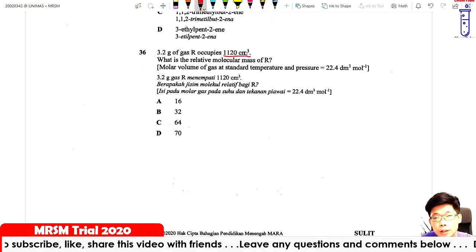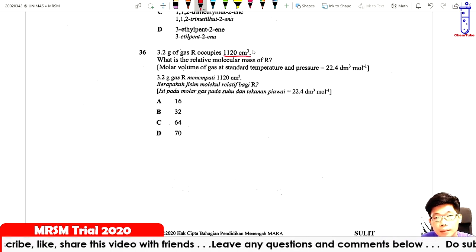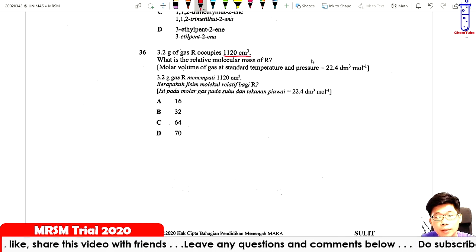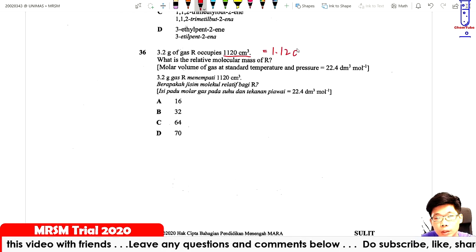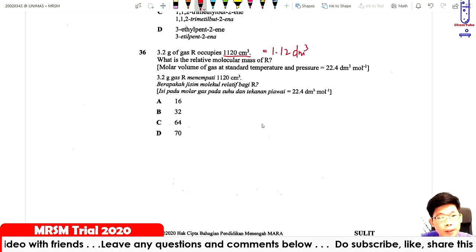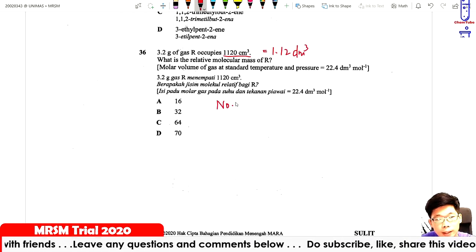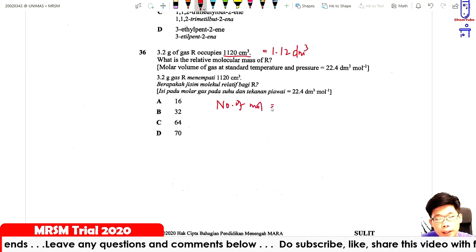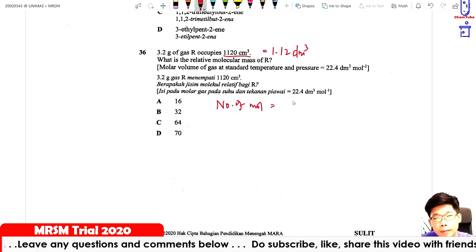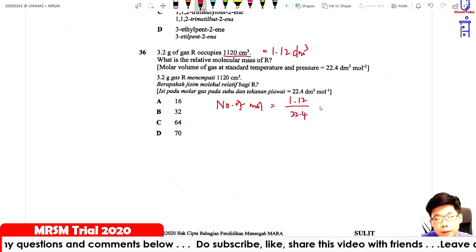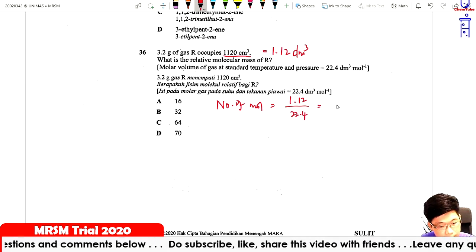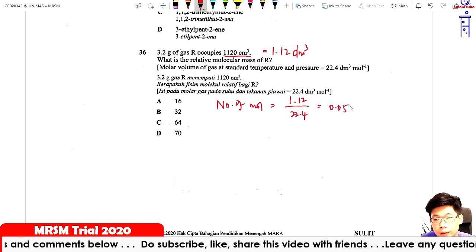So you can change cubic centimeter to cubic decimeter first. Divided by 1000, it is 1.12 cubic decimeter. So first, we calculate the number of mole. It is the volume divided by molar volume, 1.12 divided by 22.4. So you will get 0.05 mole.